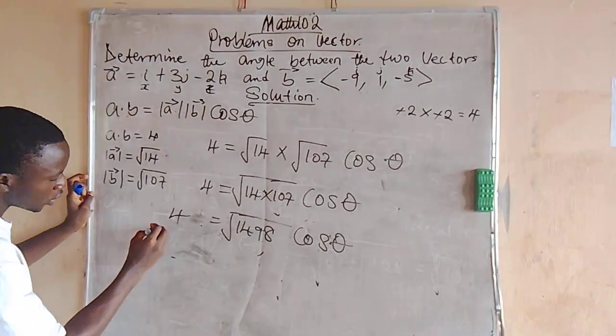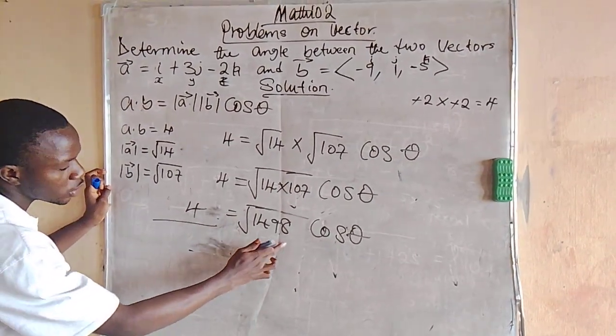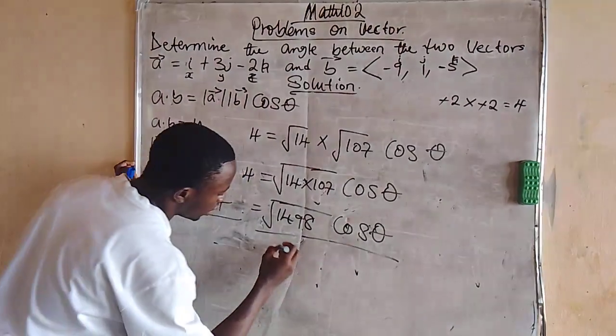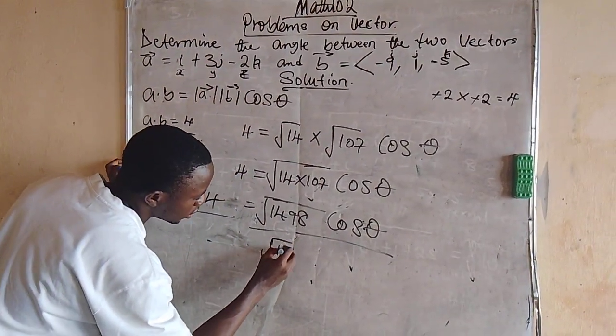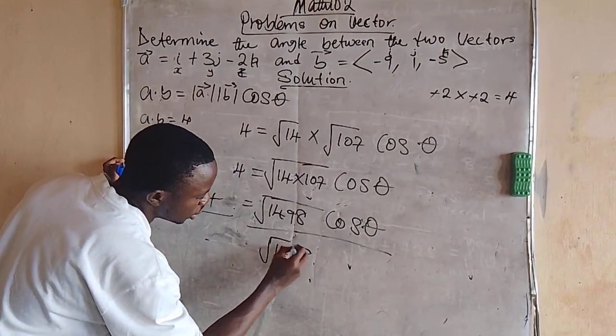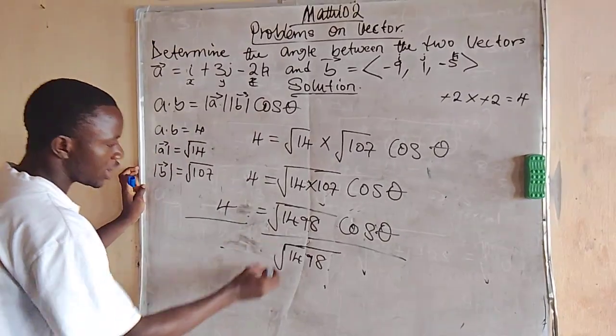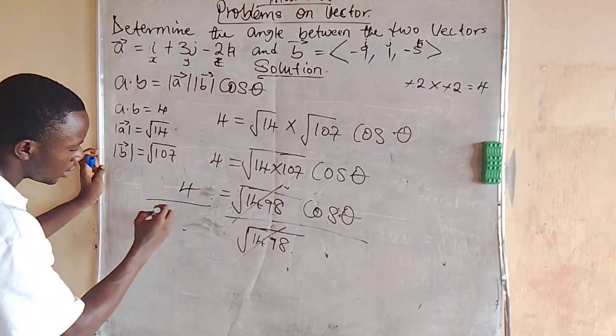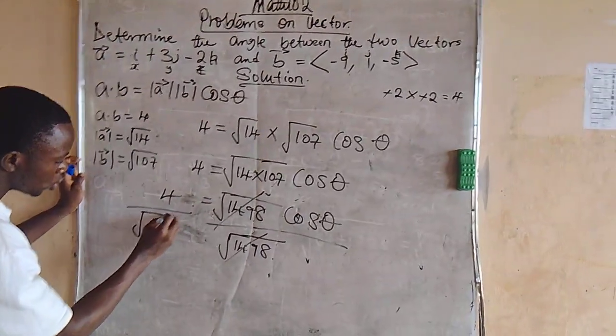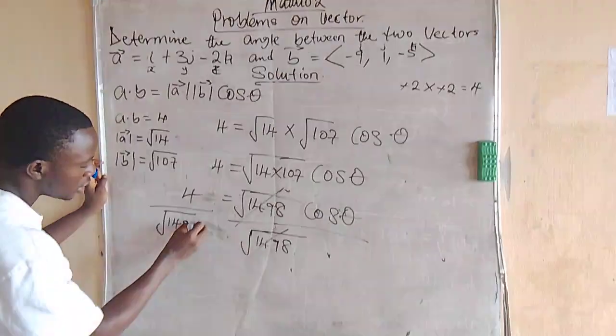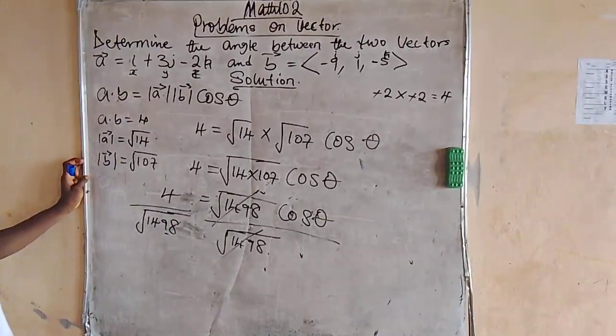Good. What is the coefficient to make this one stand alone? So we divide by root 1498, so that at the end of the day we can cancel the amount. Here too we divide by root 1498.